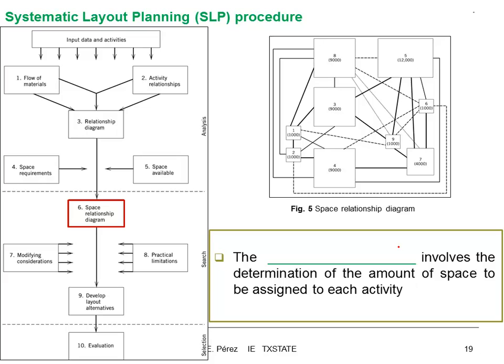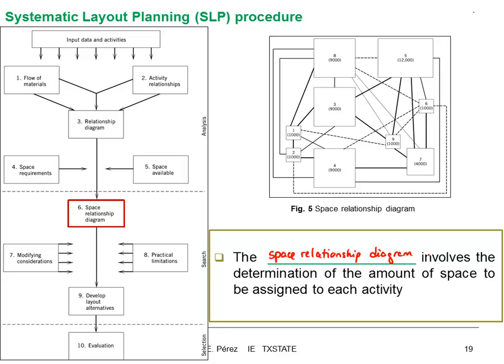So the space relationship diagram involves the determination of the amount of space to be assigned to each activity. So for this step, we're going to gather more information and show this information to the people managing the department. You might do some modifications. You're going to learn about the practical limitations of your design.